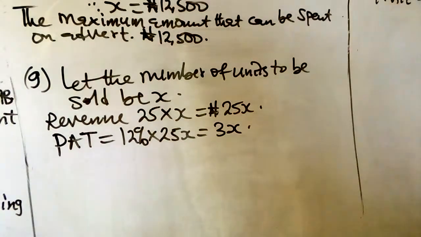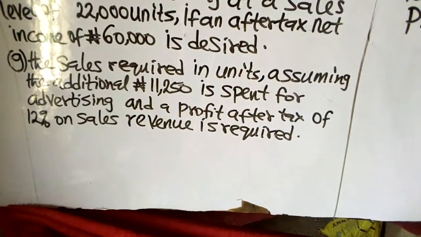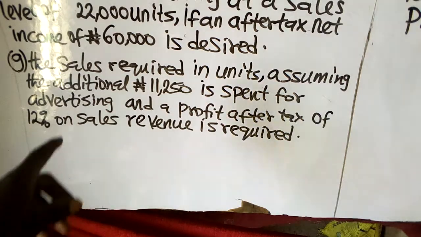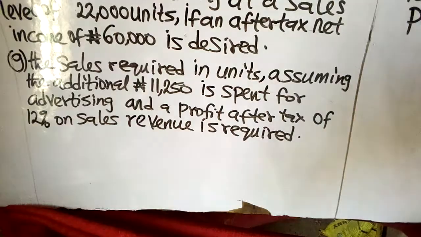Now, the number of units to achieve an after-tax profit, the sales required in units, is what is expected of us.